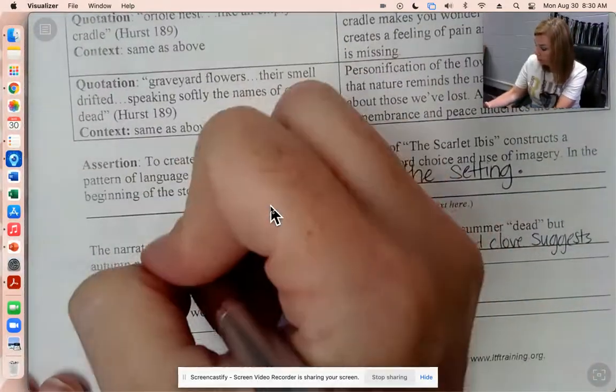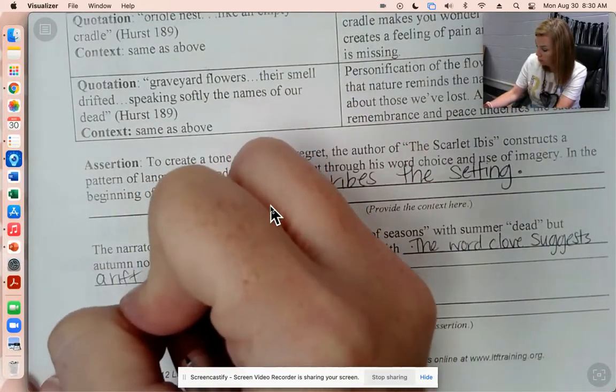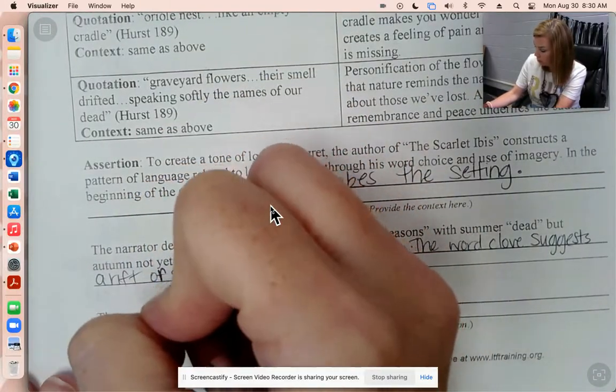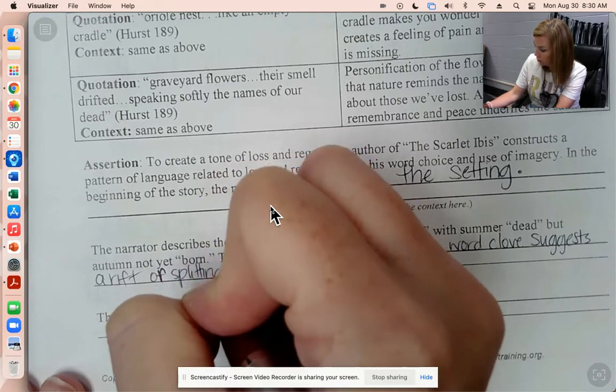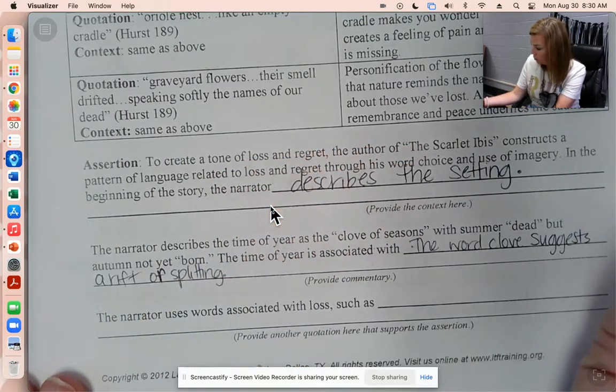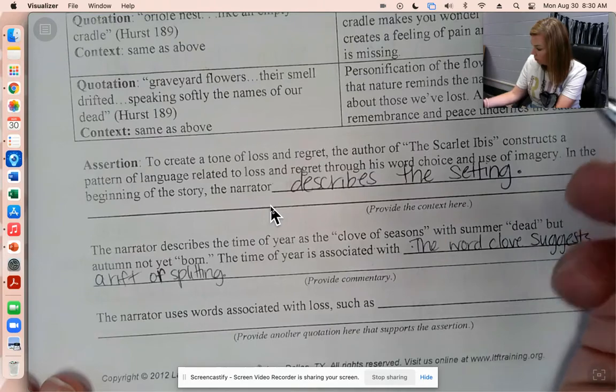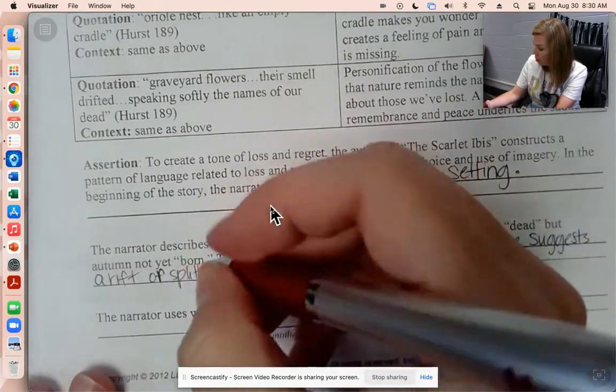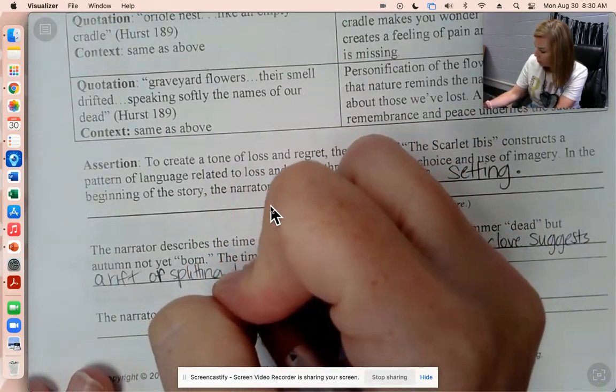And I'm not going to have room to write it all, but I'm going to write the first two sentences.